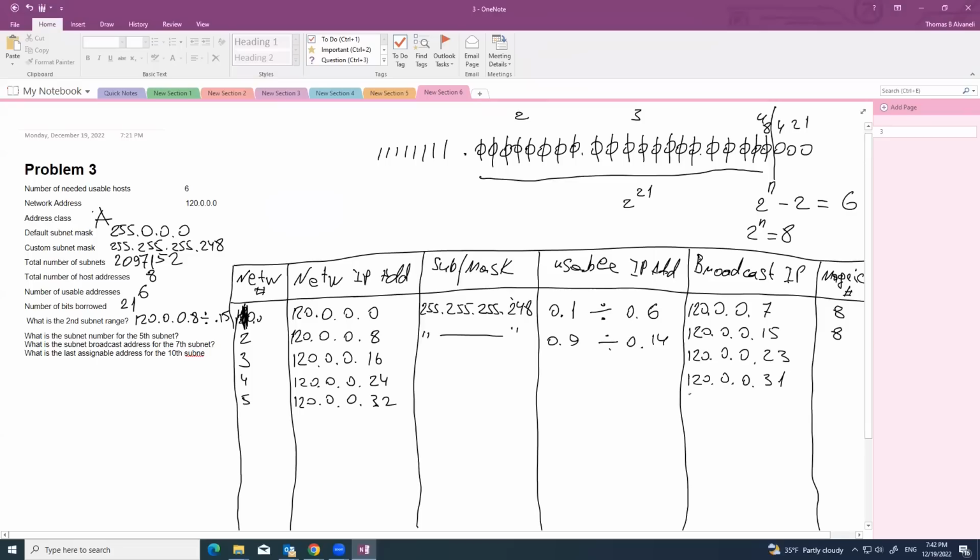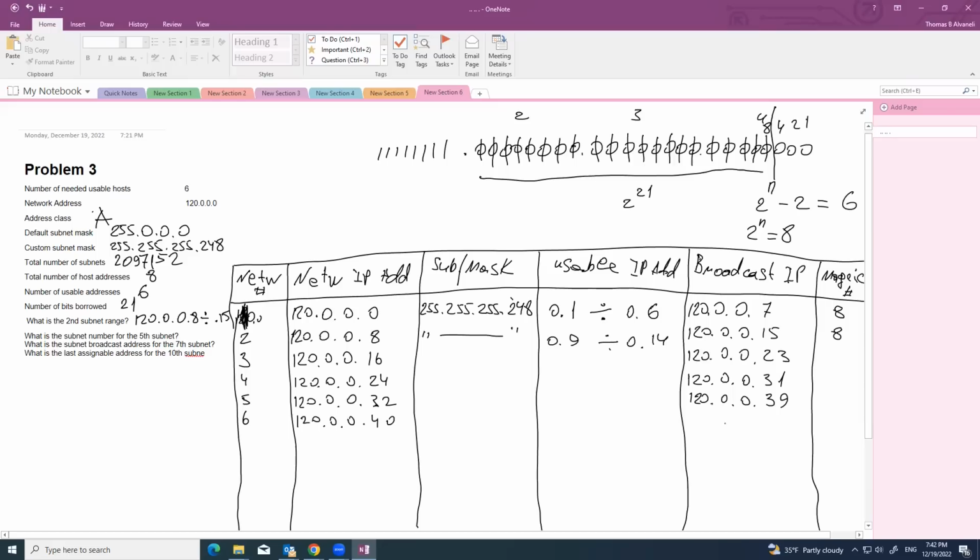The broadcast address would be 120.0.0.39. The 6th subnet would be 120.0.0.40.